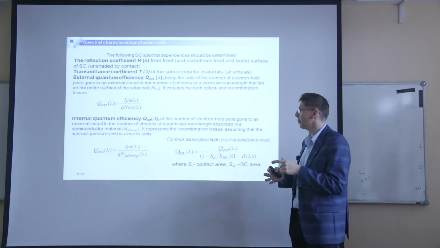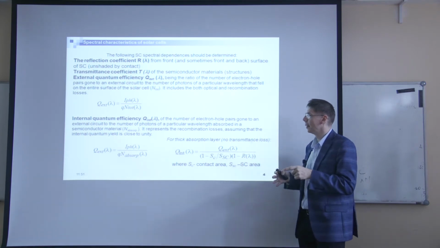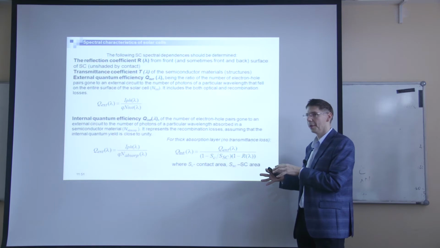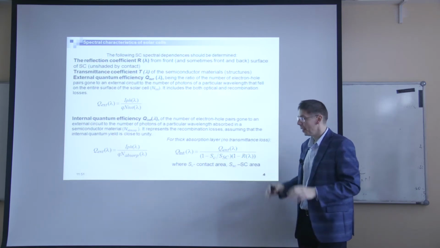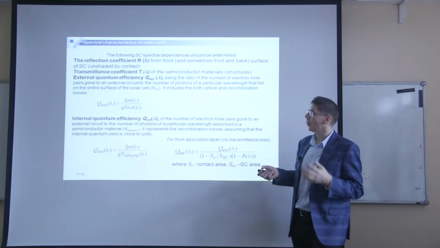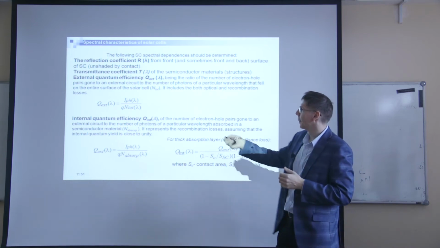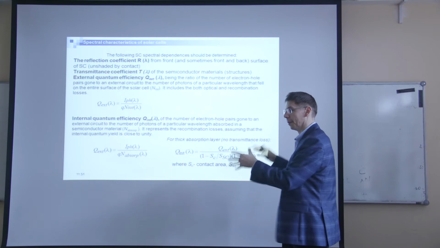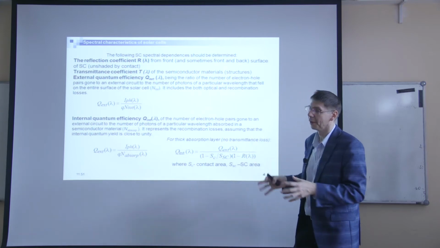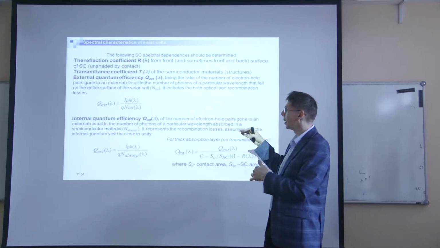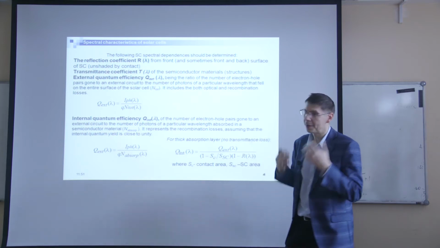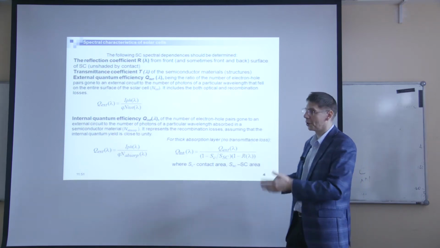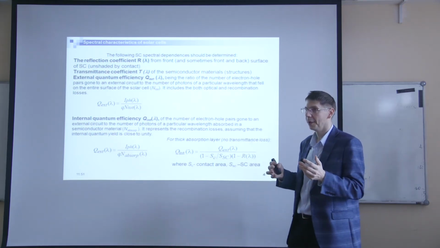But don't mix it up with the efficiency of the solar cell, because it's quite a different thing. You can get the quantum efficiency at some specific wavelength quite near to 100% and still get 1% efficiency of the solar cell.